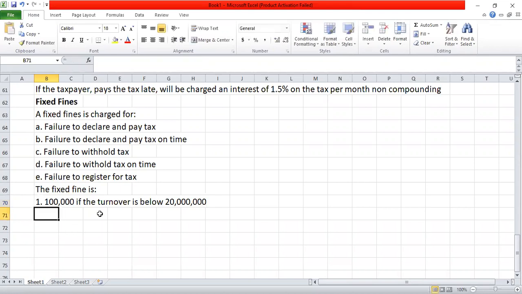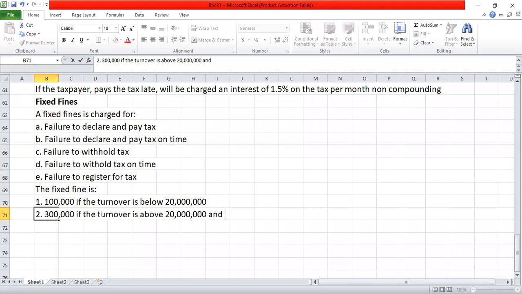Now, number two, it is 300,000 if the turnover is above 20 million. And for public and non-governmental organizations.